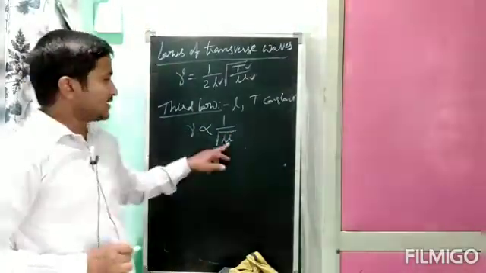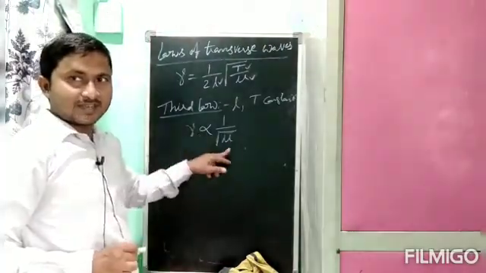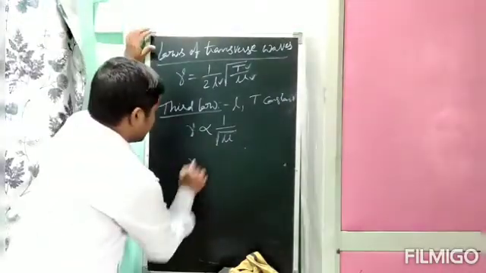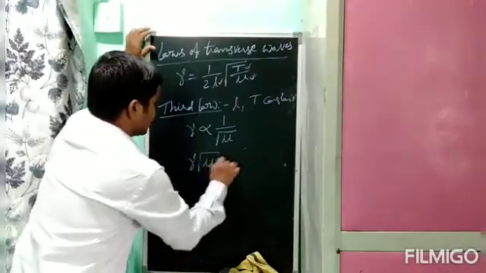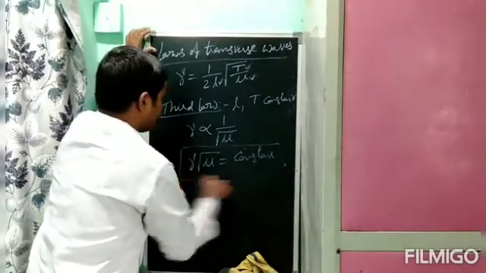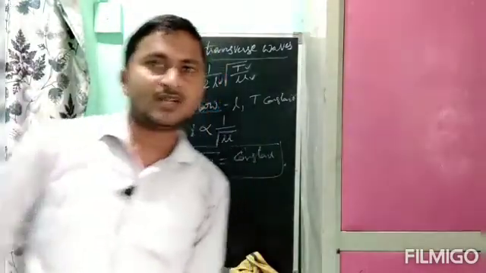That means if the linear density is more, frequency is less. If linear density is less, frequency is more. From this, nu into root mu equals constant. This is called the third law of transverse waves.